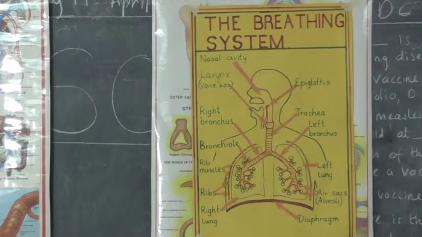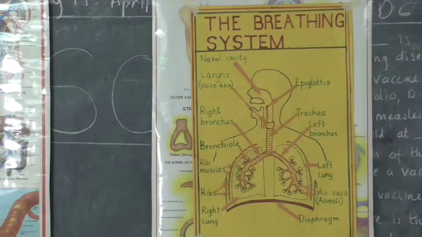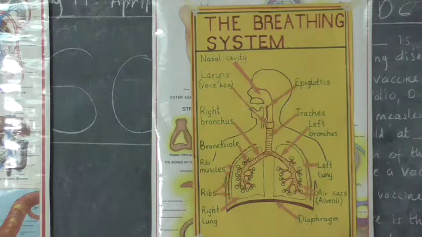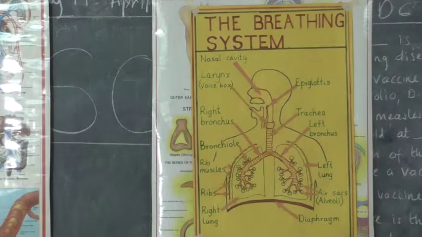And the gases that are involved in the air that we breathe in and out include oxygen, carbon dioxide, nitrogen, water vapor, and a few other environmental particles of dust that can be taken in, though they don't form part of air.